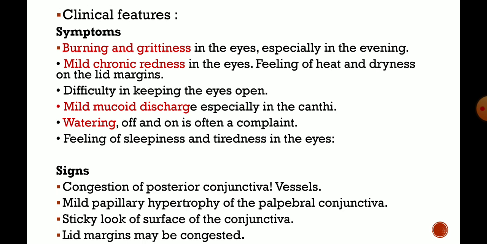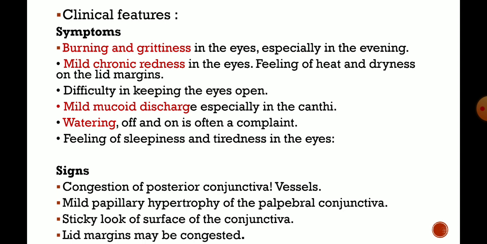Patient will say, I am having redness, dryness of eyes, burning and grittiness, and there is mild mucoid discharge, watering, tiredness of the eyes. When you look for signs, there will be papillary hypertrophy.